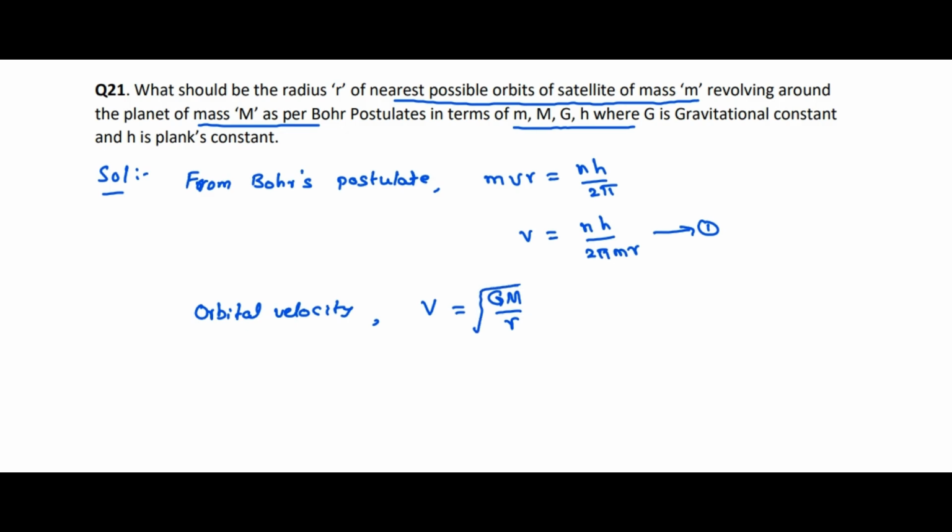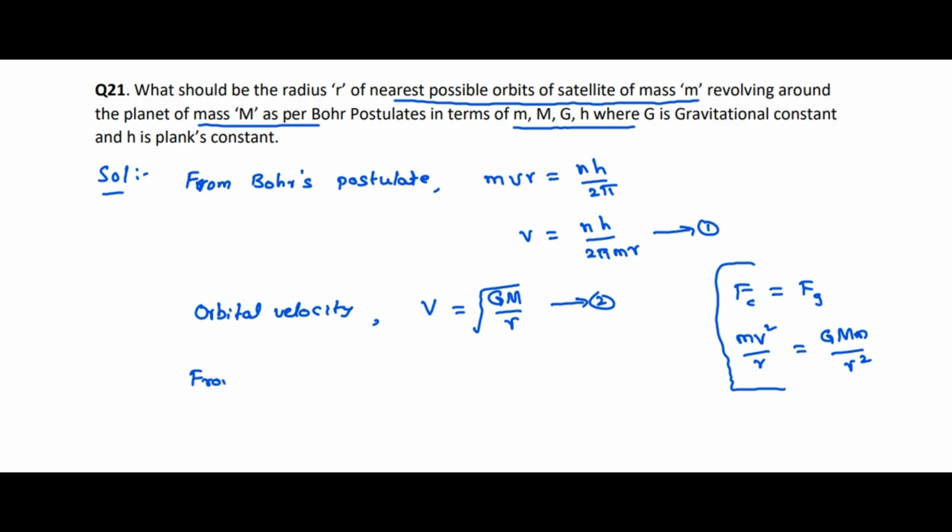This one we will get by equating centripetal force to gravitational force. Centripetal force acting on the satellite is mv square by r, and gravitational force is G capital M small m divided by r square. From this we can get orbital velocity is nothing but square root of GM by r. Take it as equation number 2.